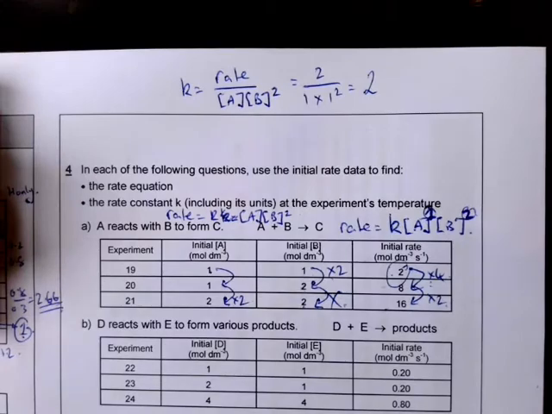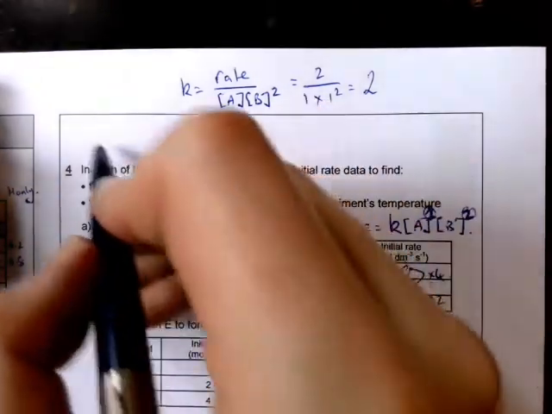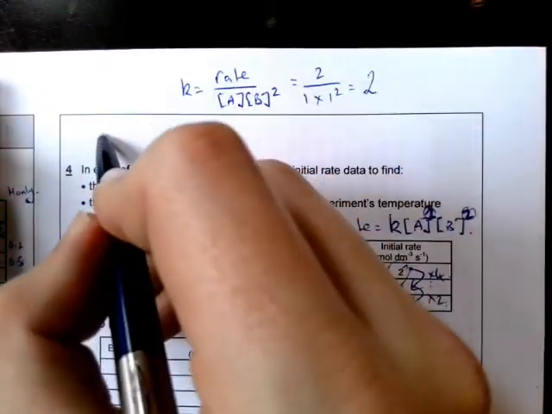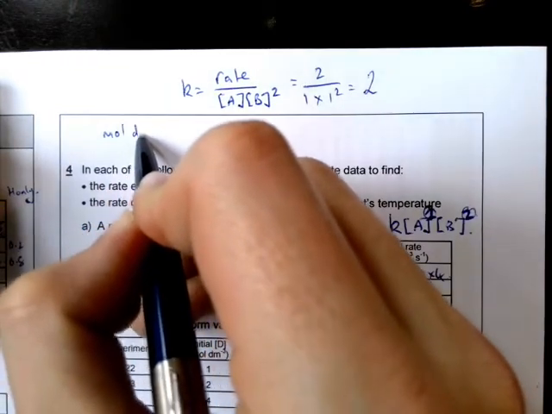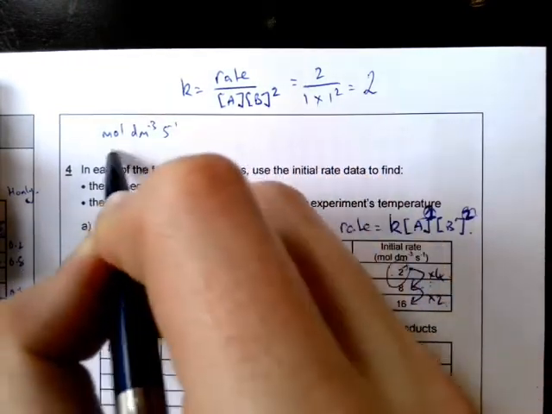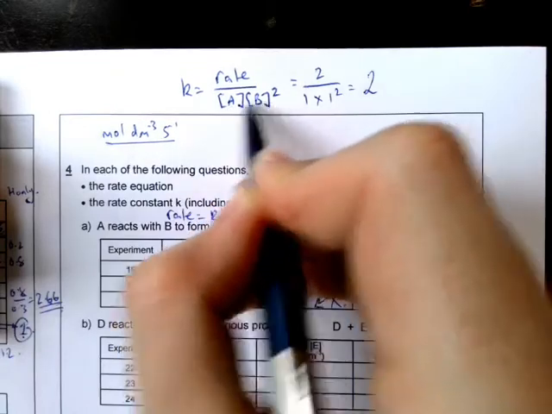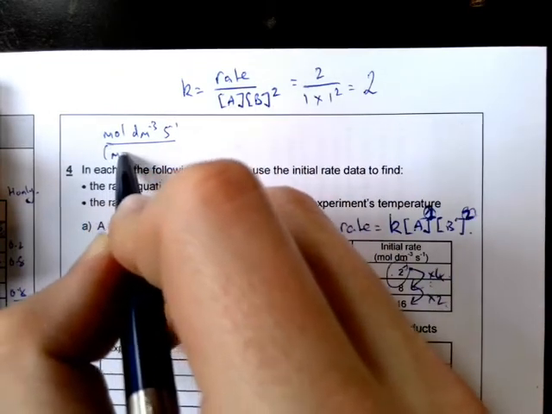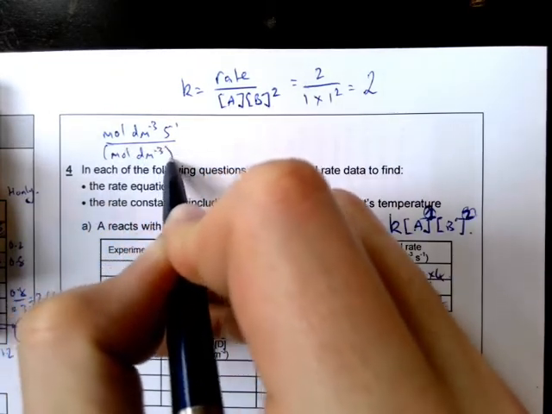And then all I need to do is just work out what the units would be. So if I have rate is moles per decimeter cubed, seconds to the minus 1, divide by, well, I've got 3 concentrations there, haven't I? So I've got moles per decimeter cubed.